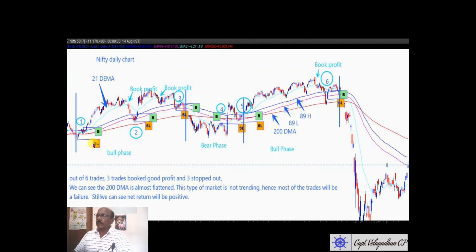Our rule is to buy above the 89 high. So as the price moves above this one, you are supposed to buy. Stop loss will be below the 89 low. Here should be a stop loss. And the price continues until it breaks the 89 low, then you are supposed to exit. Here the price broke and closed below the 89 low.